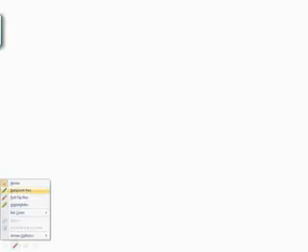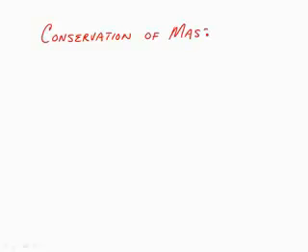Okay, the first thing to realize is that we balance equations because in chemical reactions, mass is conserved. All right, so conservation of mass is why we balance equations.